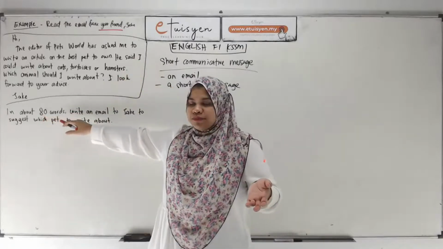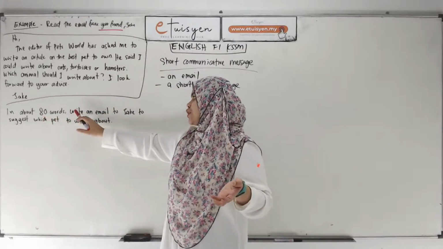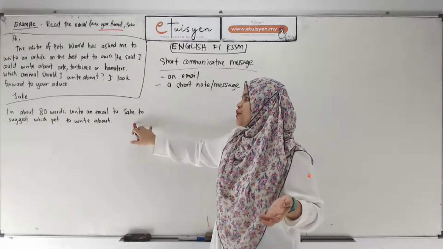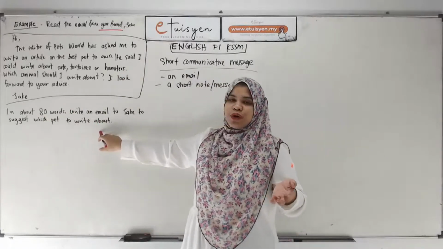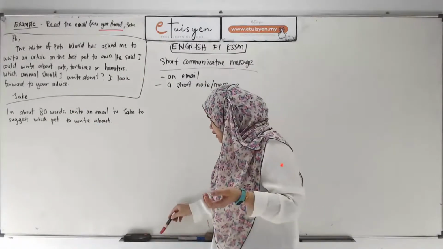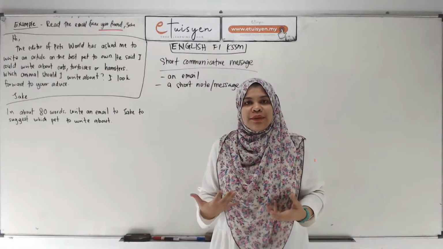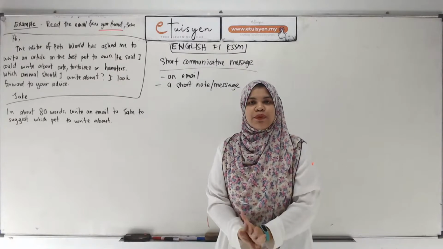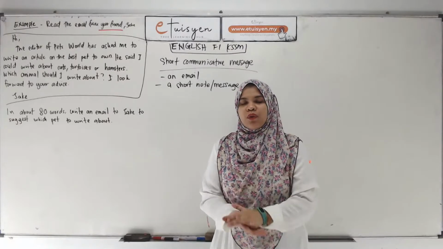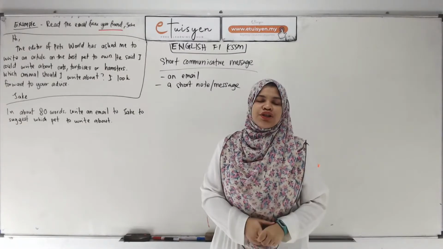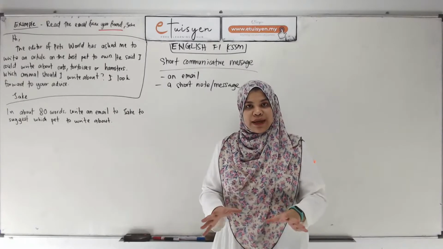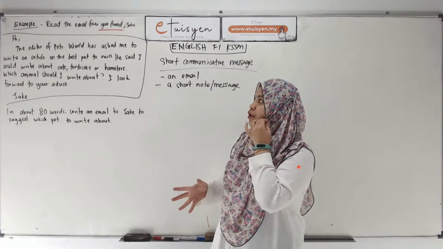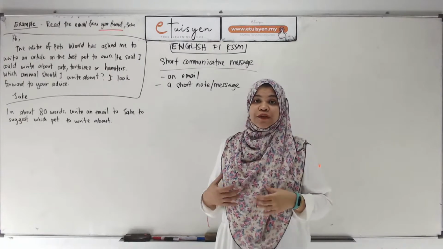Now, in about 80 words, write an email to Jake to suggest which pet to write about. Okay, so before we write the email itself, let's look at the options. Let's give some points. Let's plan out what we want to write, and then I'll teach you how to write the format. Okay, so here you need to choose out of the three.